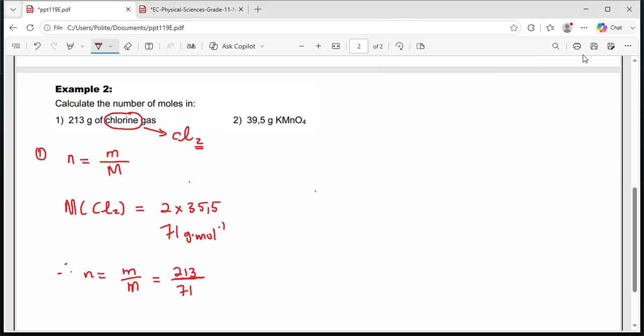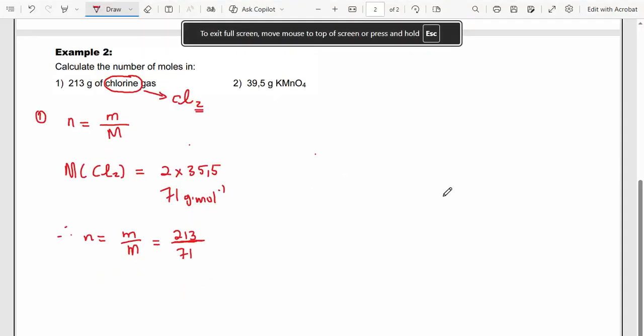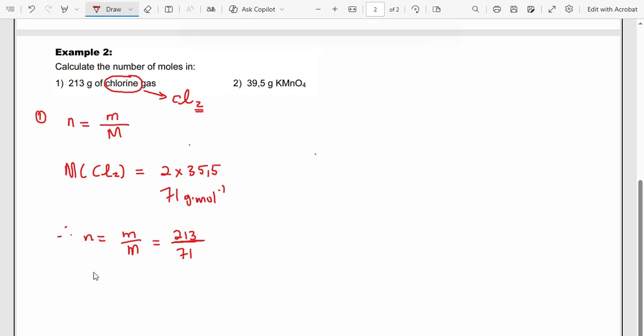And this gives us 3. So the number of moles in 213 grams of chlorine is just 3 moles. Then you answer the question, and you'll definitely get your marks.